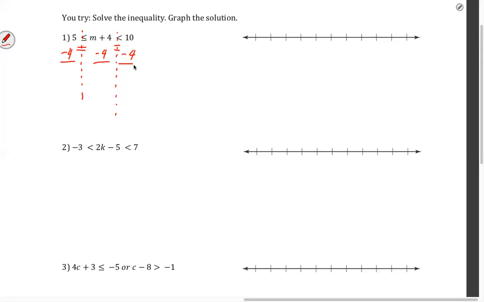And that gives me real quick 1 is less than or equal to m, which is less than 6. So when I come over here, I'm going to put 0, 1, 2, 3, 4, 5, 6, 7, 8, 9. I'm going to have a closed circle at 1 and an open circle at 6, and I'm shading in between.